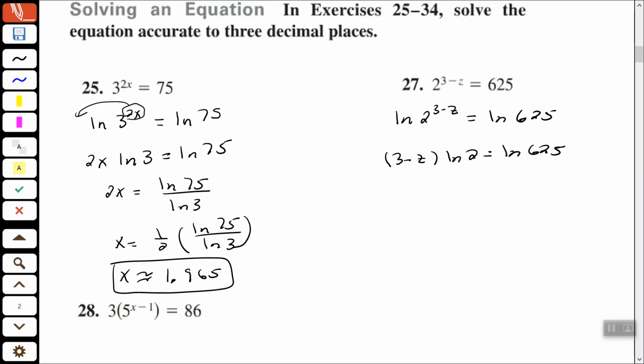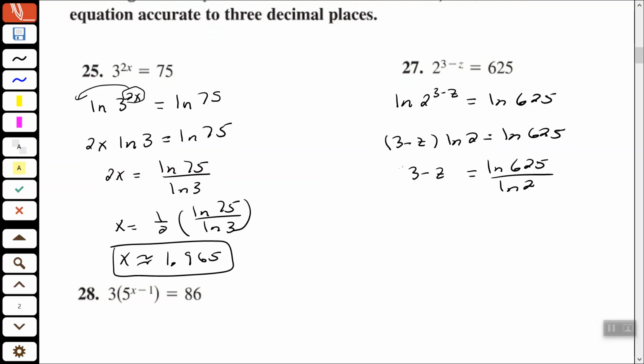And then divide both sides by the natural log of 2. And then we can drop the parentheses there. And we're still trying to solve for z, so we want to subtract 3 from each side.